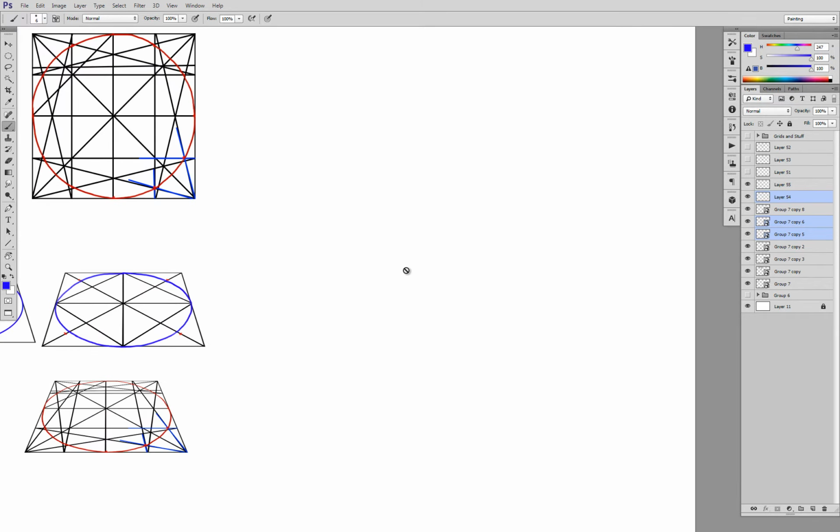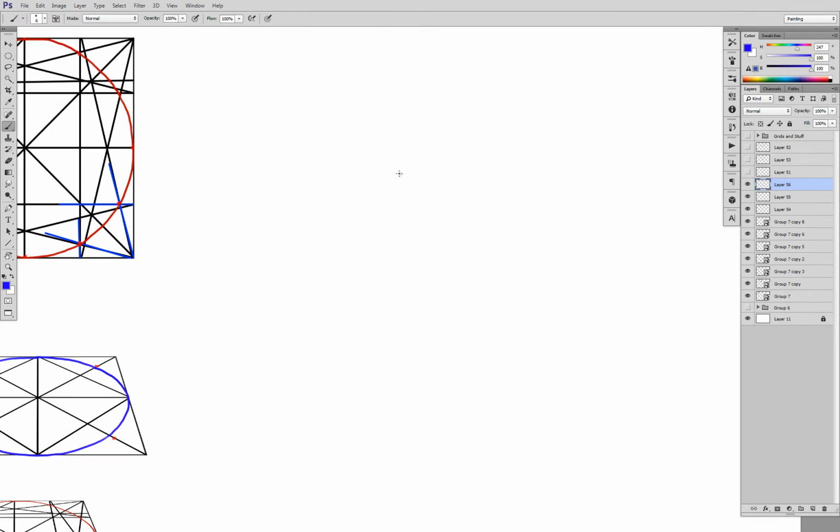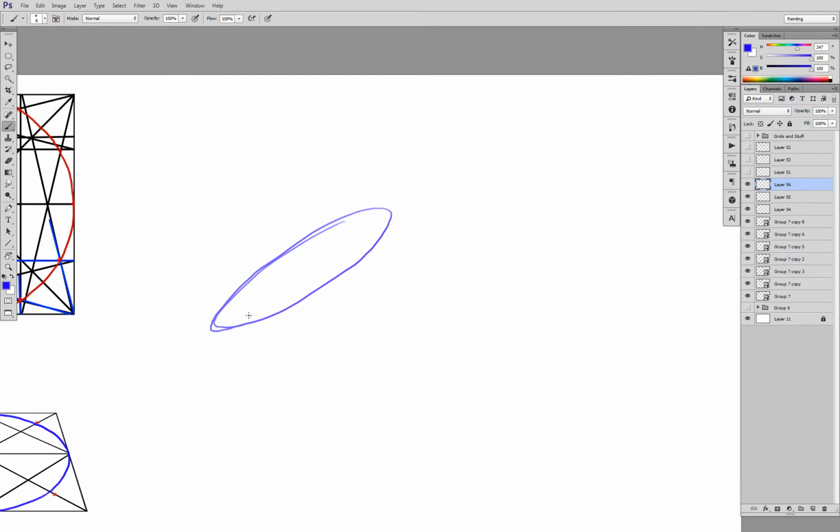Often an ellipse is part of a cylinder, or it's part of wheels, which are connected to an axle. And this is a really good way to think about some of the other things which are important about ellipses. So an ellipse is kind of a squashed circle. And it has two axes.